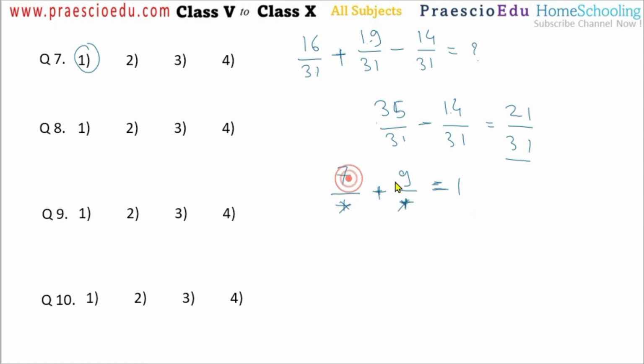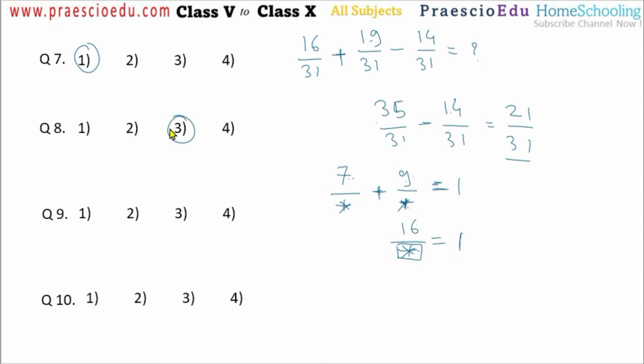Here we take 7 plus 9, because the asterisk is the same number, so these are like fractions. 7 plus 9 is 16, so 16 by 16 is equal to 1. When the numerator and the denominator are both the same, only then is the answer 1. So the asterisk should be 16, and this is given in option number 3.